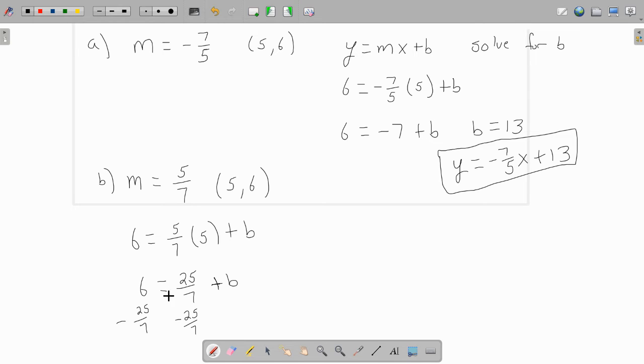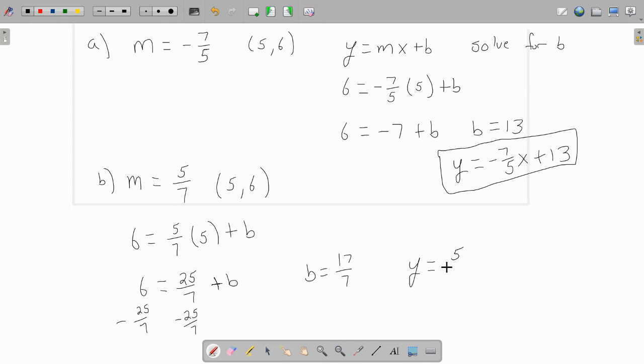So if I were to do this, that's 42 over 7, minus 25 over 7. That's 17. Use a calculator to help yourself out. So your equation is, and if they accept decimals here, that's fine. I just don't know what Alex does. I don't have the Alex portion in front of me right now.